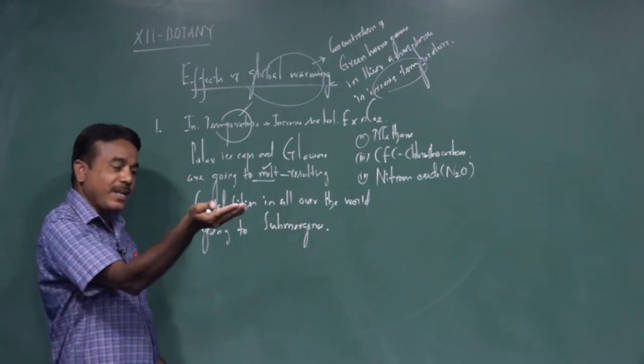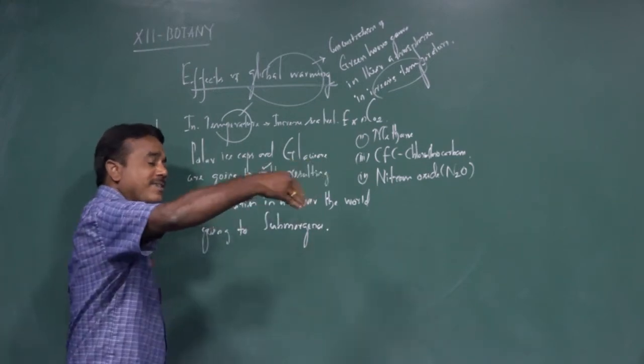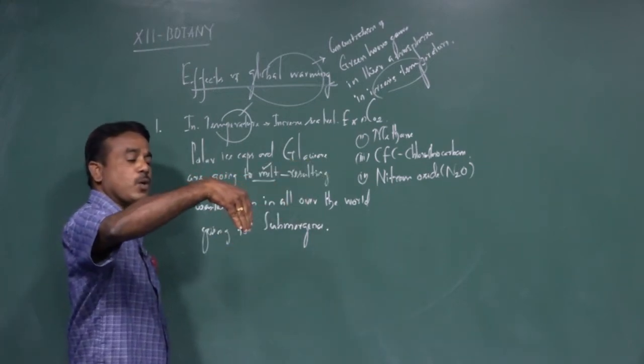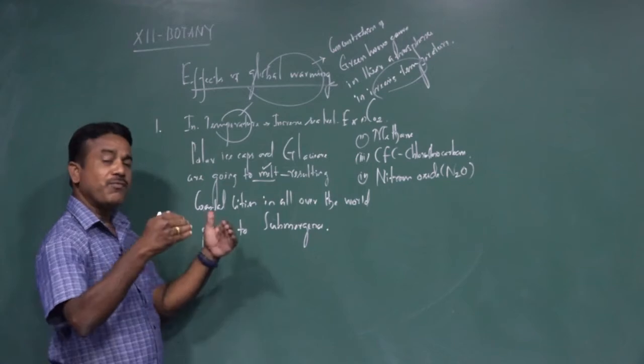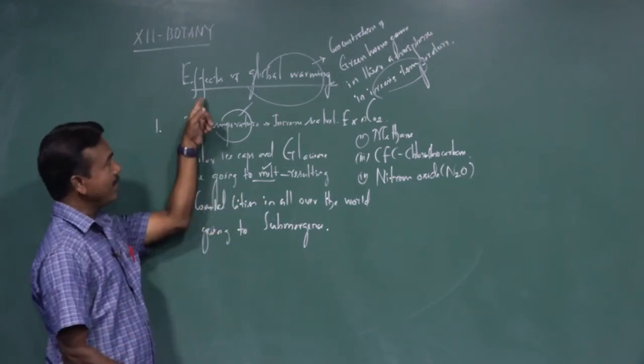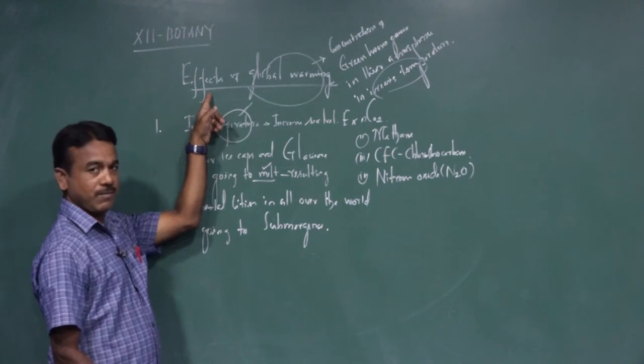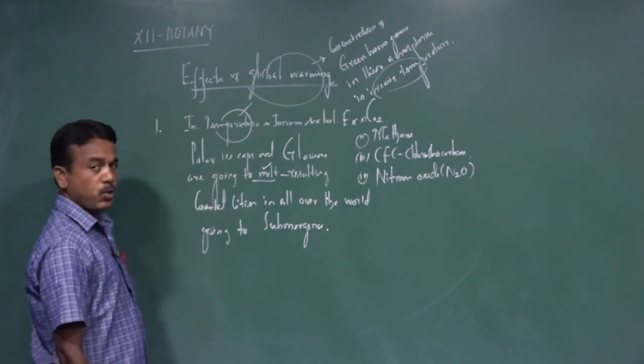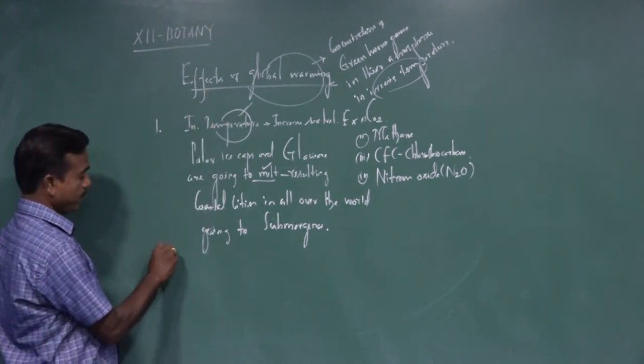Due to the increase in sea level, the cities in coastal countries, whatever kinds of cities you have, are going to be submerged in water. That is the first effect of global warming. Can I go to the second effect?